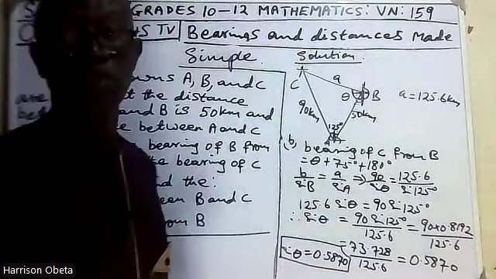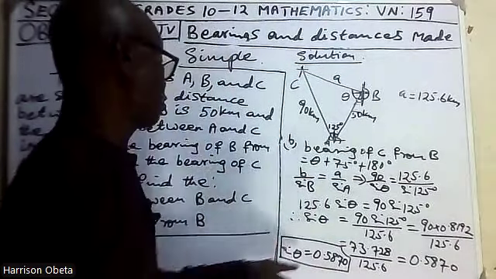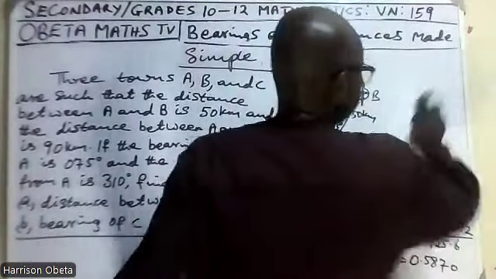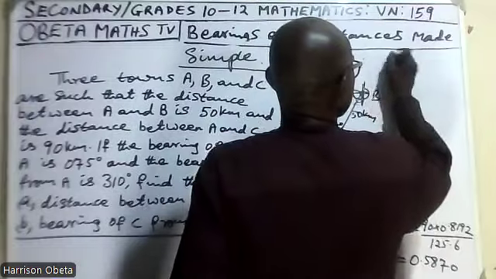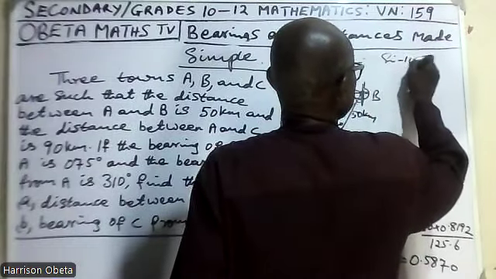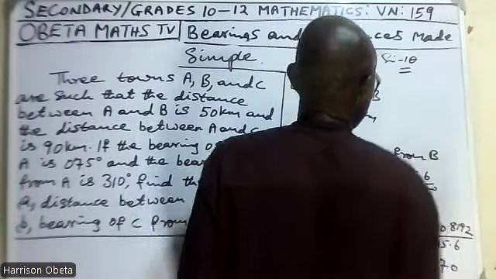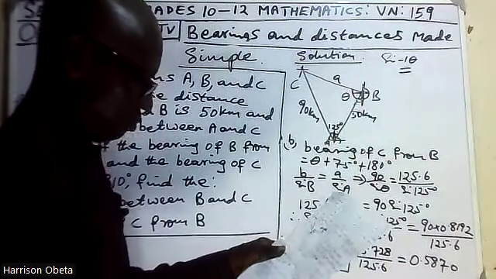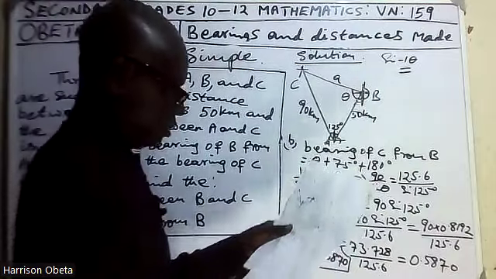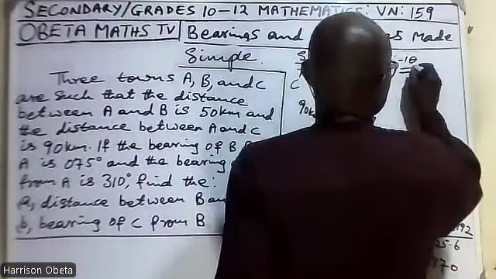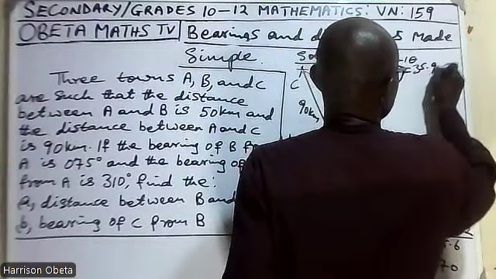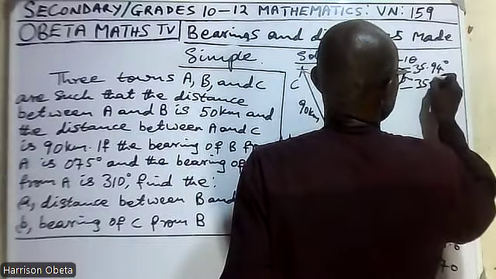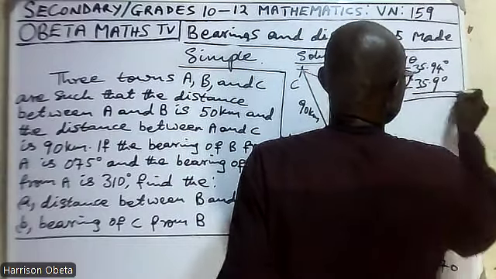So we are now going to check sine inverse to find the particular angle. Sine inverse of 0.5870 is equal to, you check, and that will give us 35.94 degrees, approximately equal to 35.9 degrees.